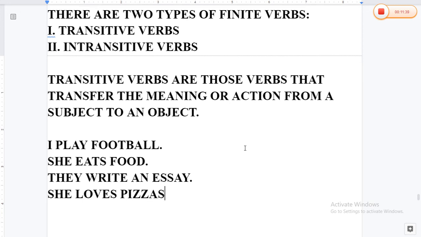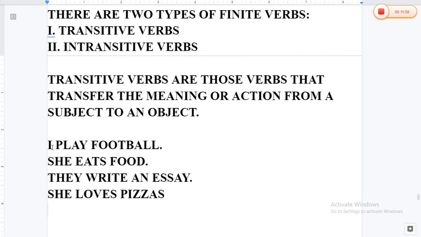Yes. So in all these examples, you see the pronoun that lies before the verb is called subject, and the noun that lies after the verb is called object, and the action is being transferred from subject to object.